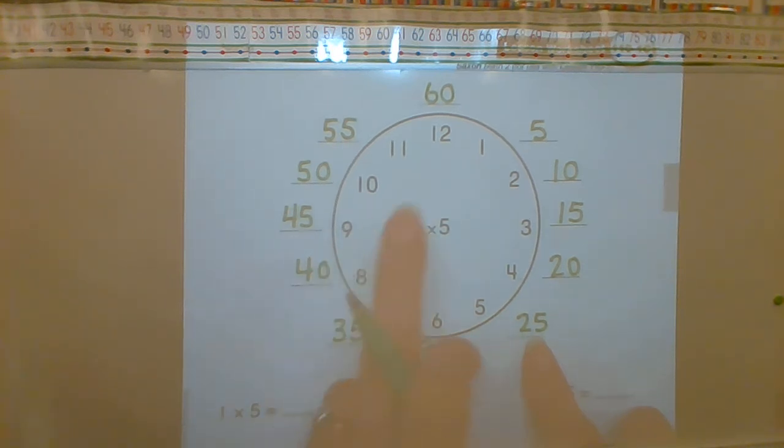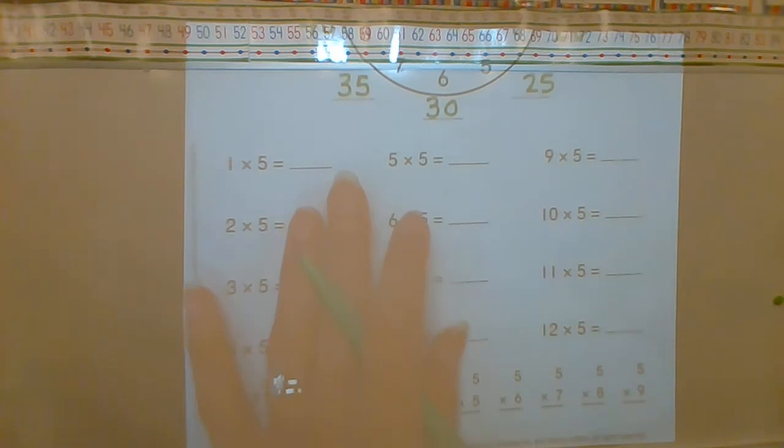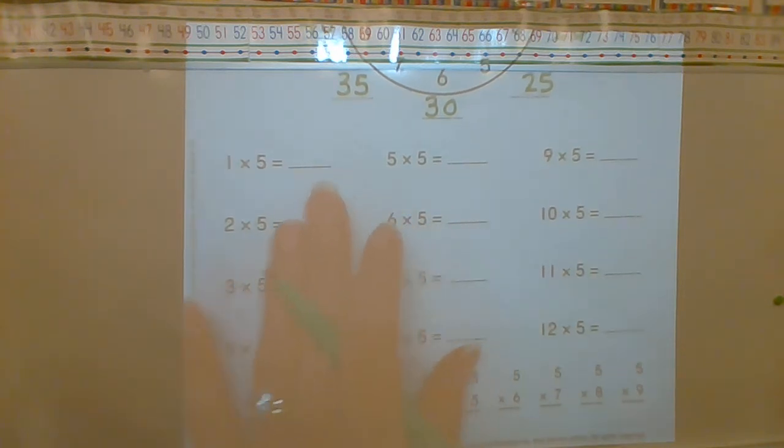What's 8 times 5? 40. What's 9 times 5? 45. What's 10 times 5? 50. What's 11 times 5? 55. What's 12 times 5? 60.